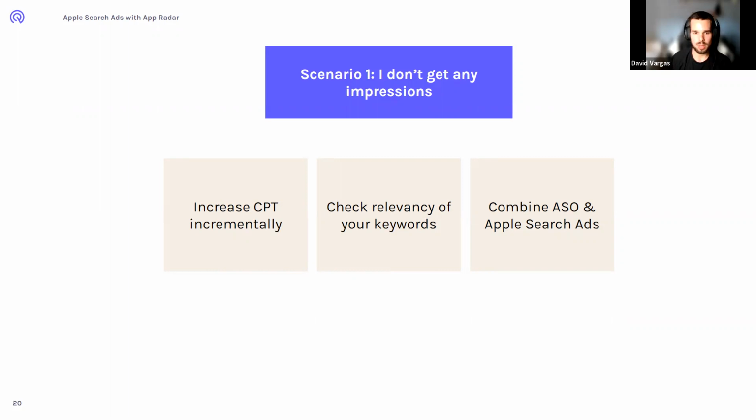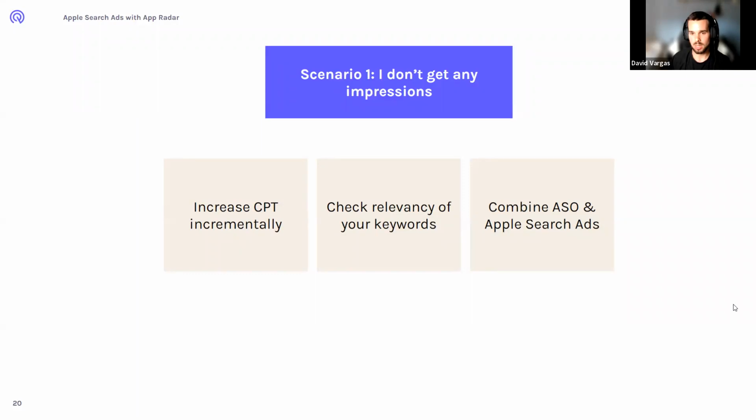The second is about the CPT, the bid that you have for that keyword. There are some situations where your CPT is maybe lower than the competition, and that's maybe the reason why you are not getting impressions for that keyword.